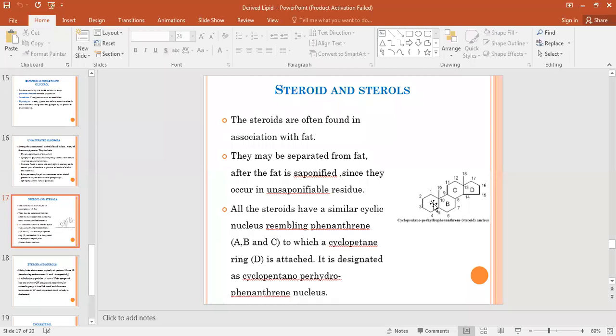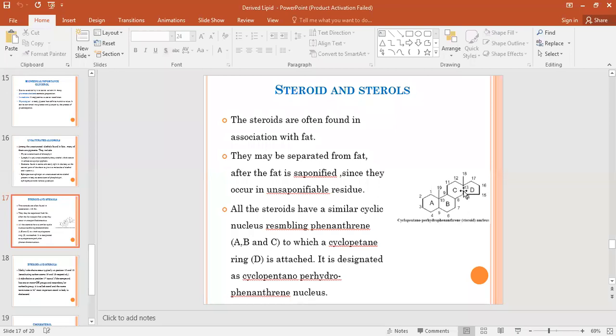Here you can observe the rings A, B, C. A, B, and C are collectively known as the phenanthrene ring, to which a cyclopentane ring is attached, while D is known as the cyclopentane.